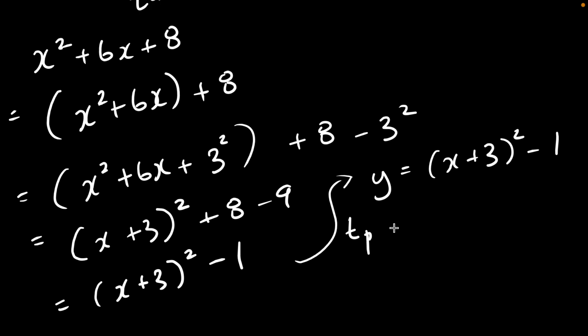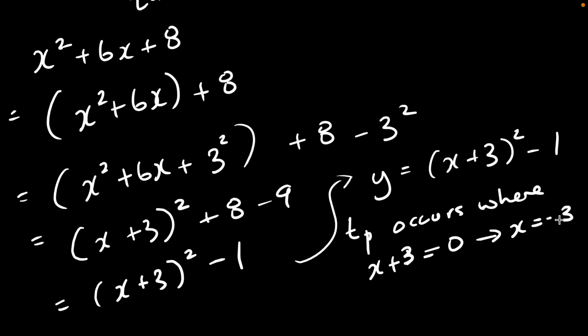Our turning point occurs where this is going to have, how can I put this? If it's our minimum point, this has to have its lowest value, right? So essentially where x plus 3 is equal to 0, which means where x is equal to -3.